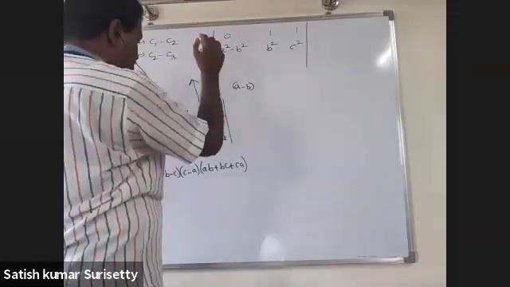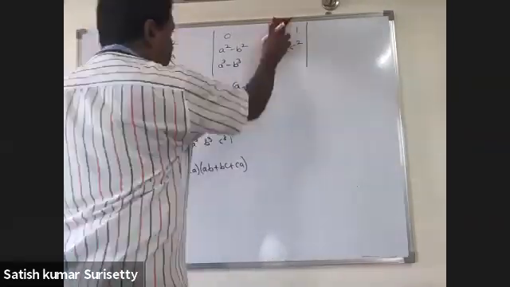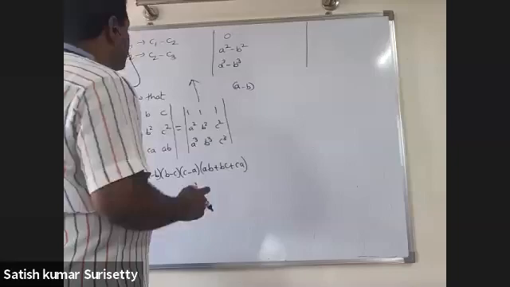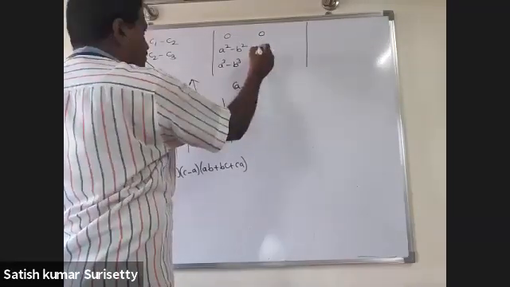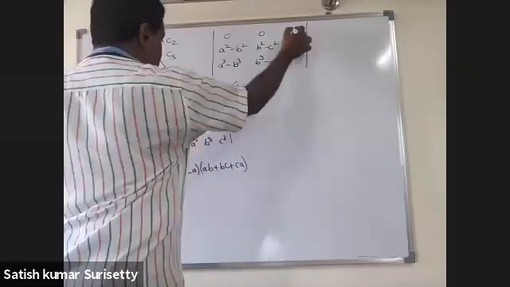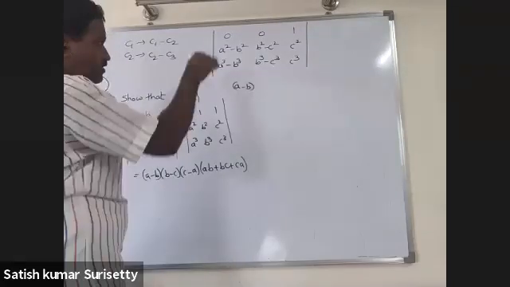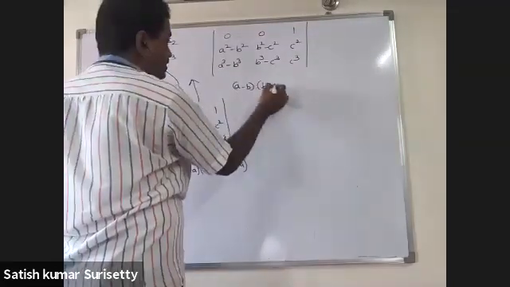A square minus B square, A cube minus B cube, correct? C2 we have not applied. So C2 to C2 minus C3, 0, B square minus C square, B cube minus C cube, 1, C square, C cube. So A minus B is common from C1, B minus C is common from C2.